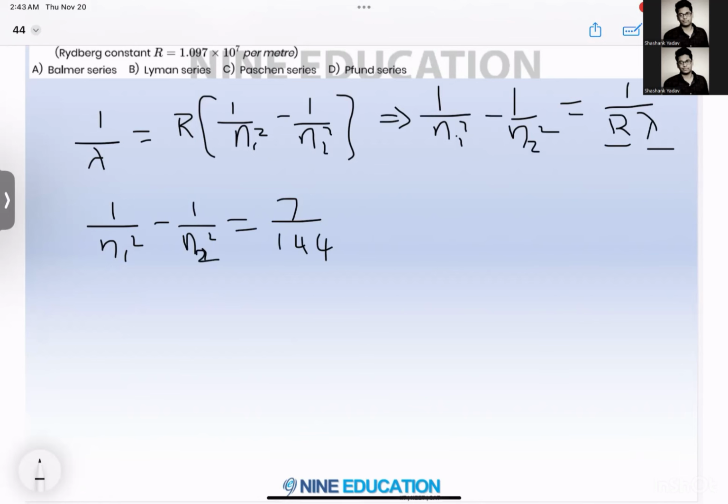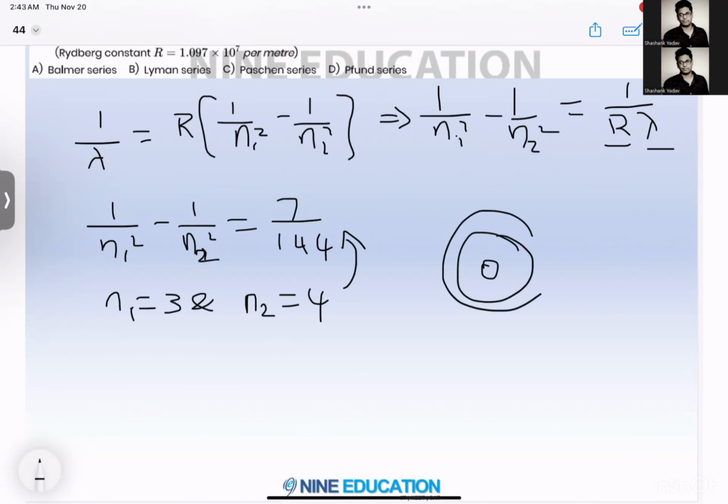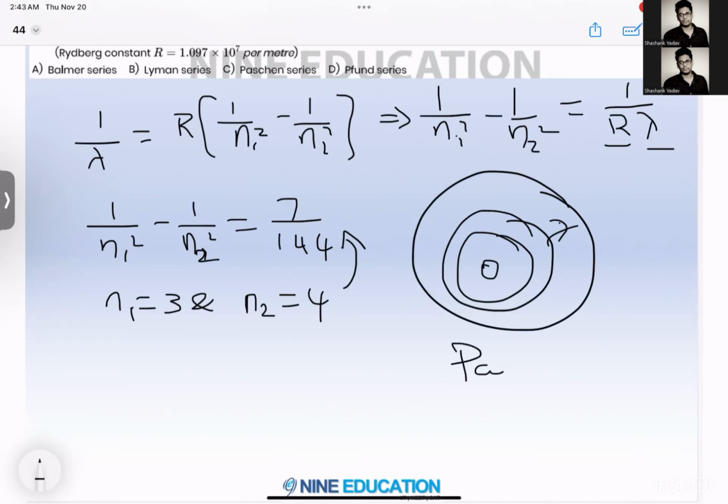So if we keep on iterating with the values 1, 2, 2, 3, 3, 4, etc., you will find that for values n1 is equal to 3 and n2 is equal to 4, this is possible. And that means the transition is happening from the third orbit to the fourth orbit, which is nothing but Paschen series. So therefore the answer is C.